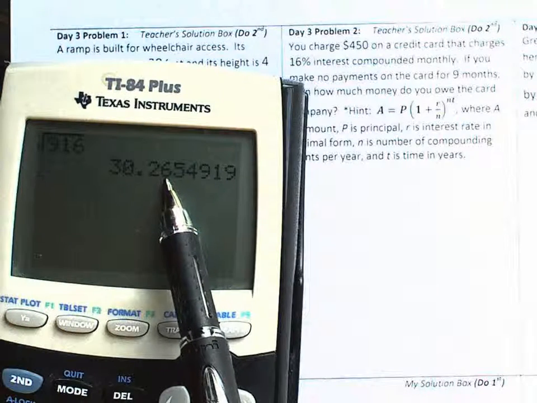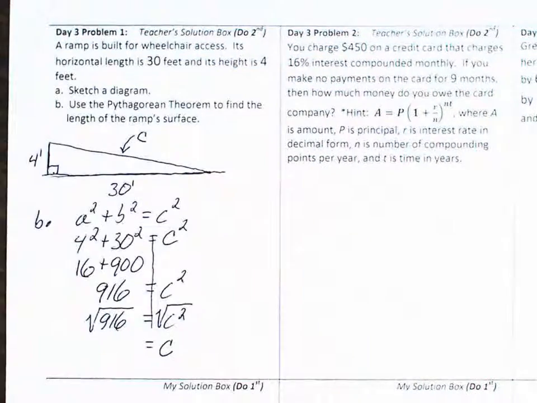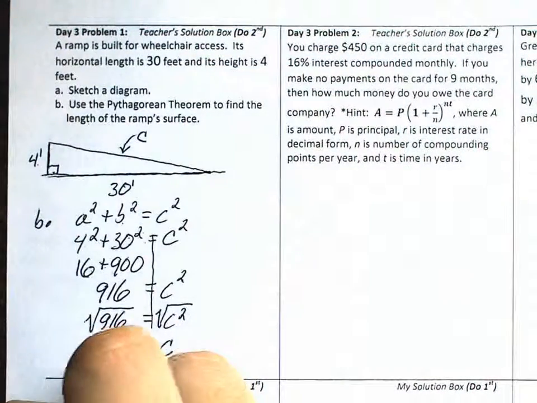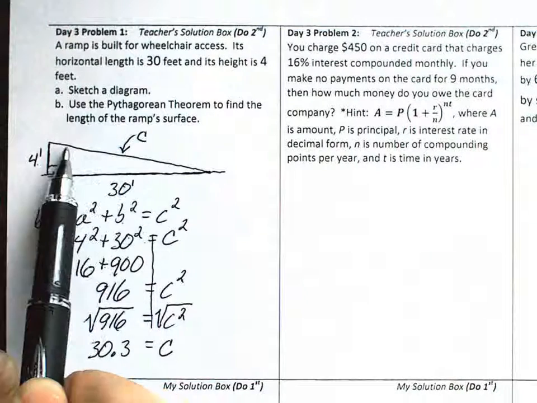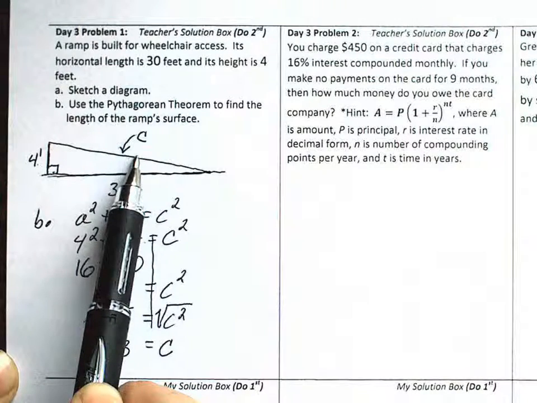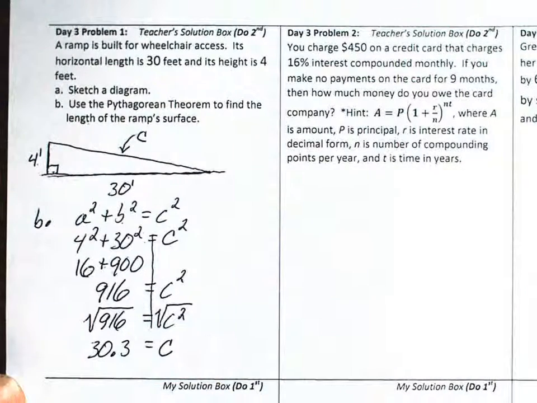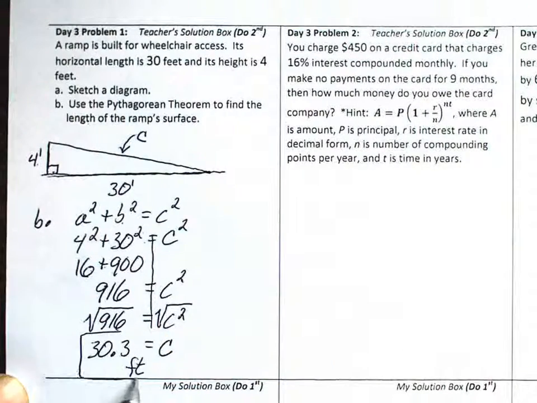That is 5 or higher, and so we'll round this digit up to a 3. 30.3. So we found that the answer for c is 30.3, and the letter c is written on this side of the triangle, which was representing the surface of the ramp. That's what we were asked to figure out, and so the answer is 30.3 feet.